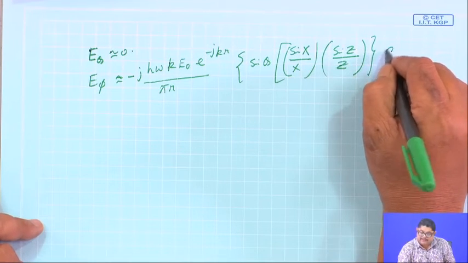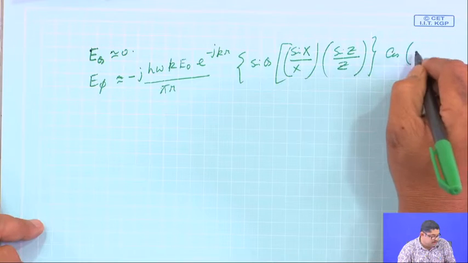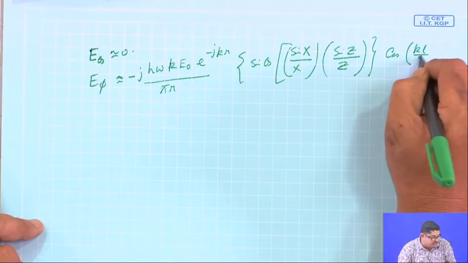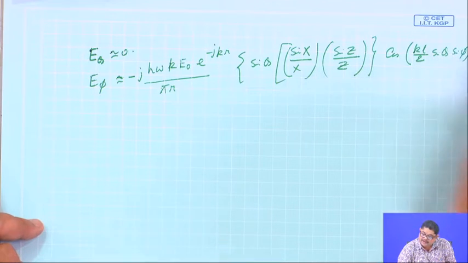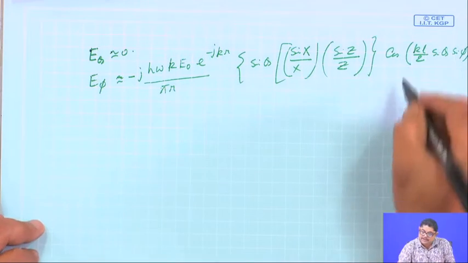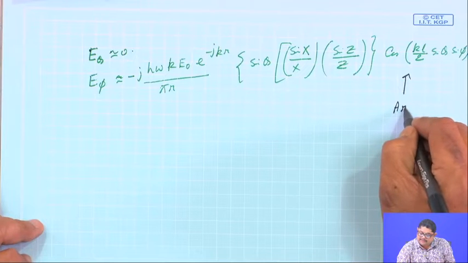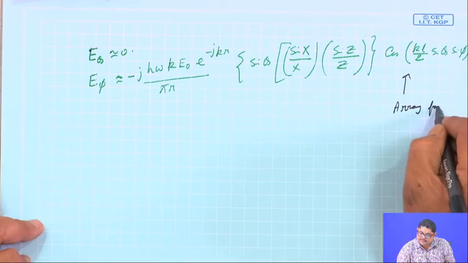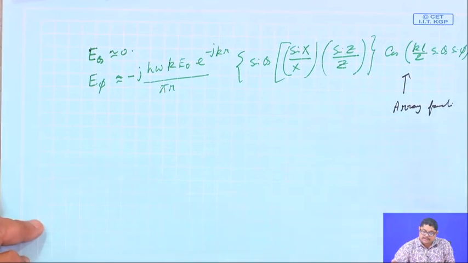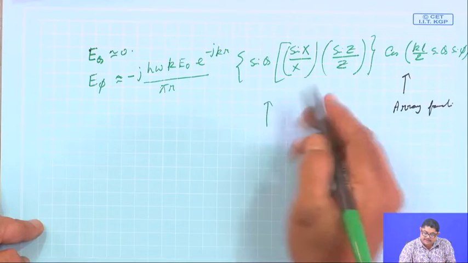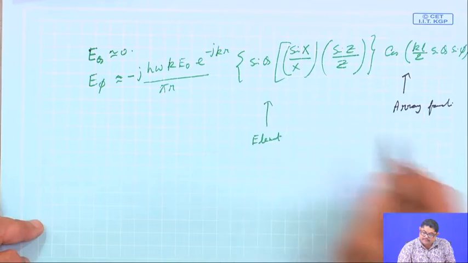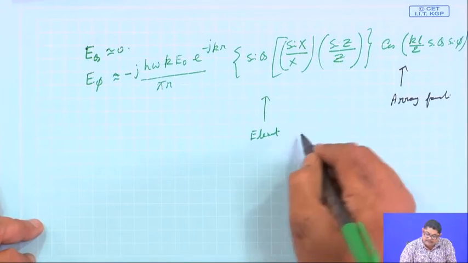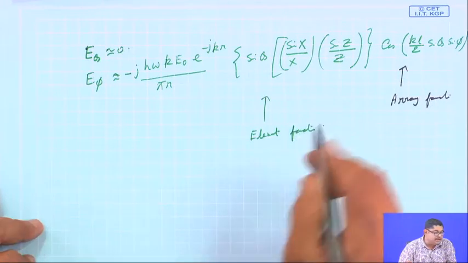Then the array factor will be cos of k l by 2 sin theta sin phi. This is the array factor, and the rest is the element factor.